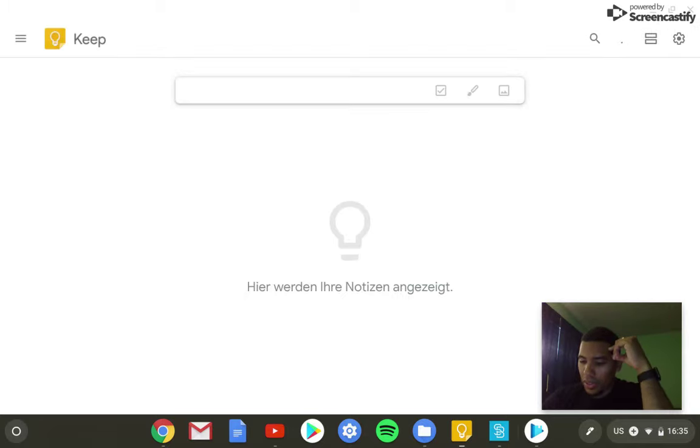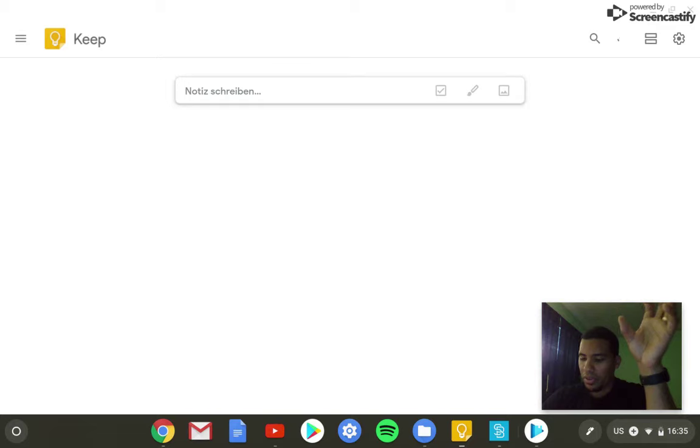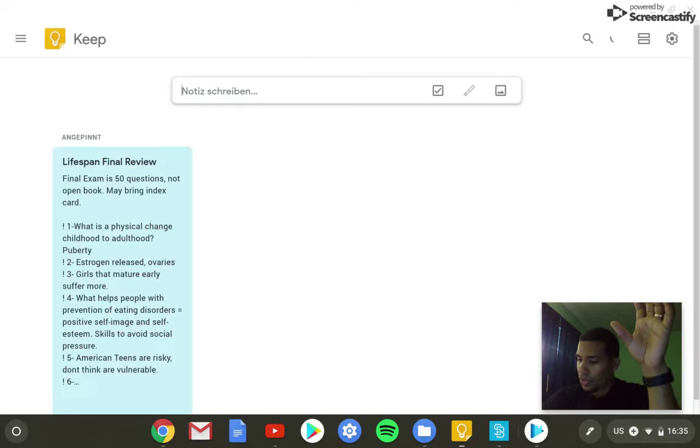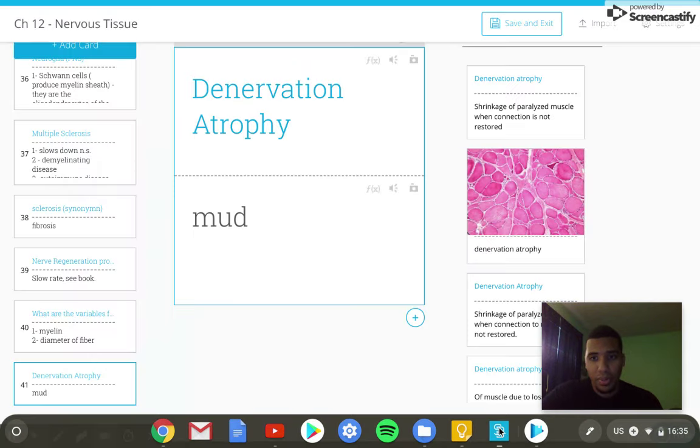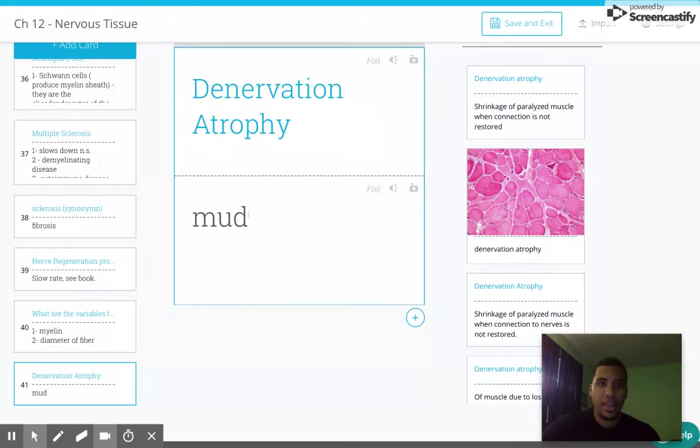While it's loading, nerve growth factor is a protein secreted by a gland of muscle or glial cells and picked up by the axon terminals of the neurons. It prevents apoptosis. So your nerve growth factor, your NGF, prevents apoptosis, and apoptosis is the programmed cell death. So this NGF prevents the nerve from dying, pretty much, because it lives at least 80 to 100 years, unlike any other cell in your body.